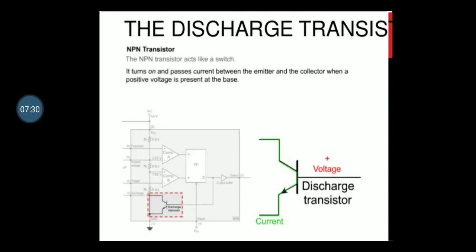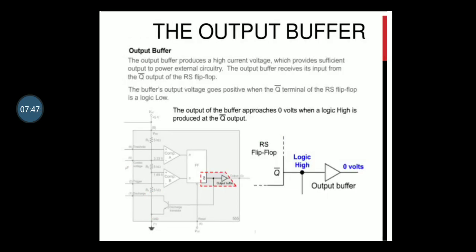Next one is the discharge transistor. The NPN transistor acts as a switch. Here it turns on and passes current between the emitter and the collector when a positive voltage is present at the base. Next one is the output buffer.